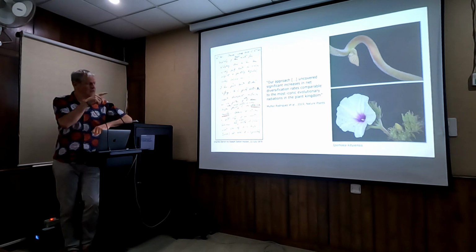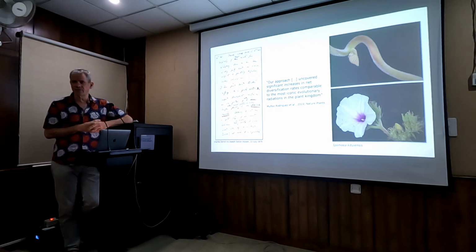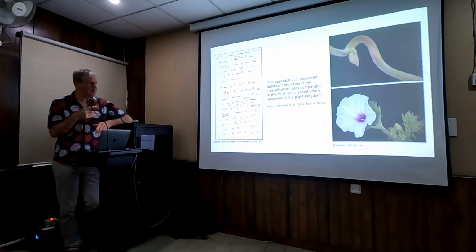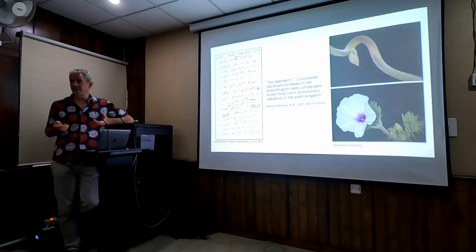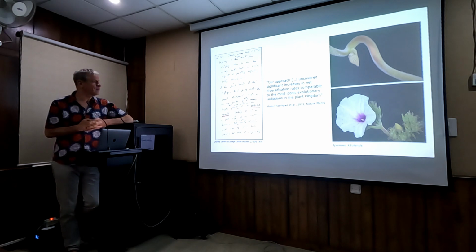And in 2019, a group of researchers, mainly from Oxford University in the UK, published a large phylogenetic analysis of Ipomoea. Ipomoea is the genus that also includes Ipomoea batatas, the wild relative from which the cultivated sweet potato has been derived.